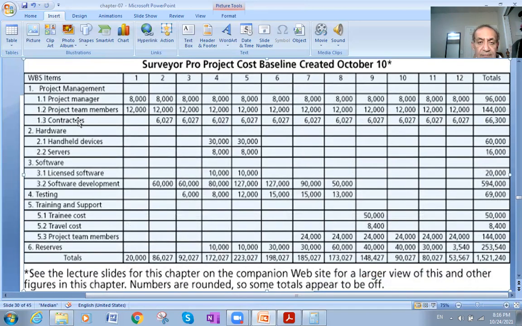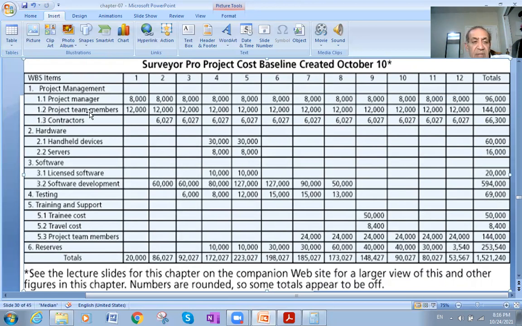Okay. Now the project manager will say, how did I get this amount of money? How did I calculate this amount? As an example, in January he took $8,000, February 8,000, and so on. So this is his salary. In the whole year, 96,000.